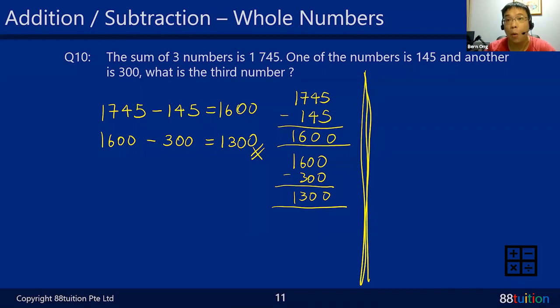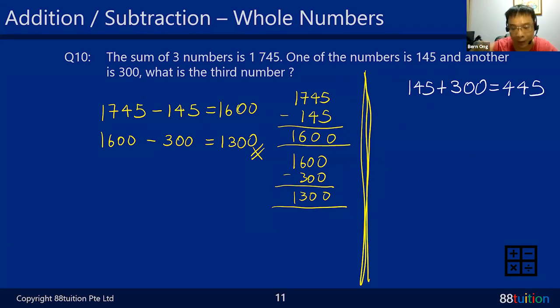So down here, what is another way of doing? Sometimes you don't want to minus so many times. You minus 1 time, then you minus another time. Don't do that. You gather together and minus 1 time. You know that 145 and 300, you plus them together first: 145 plus 300 is 445.